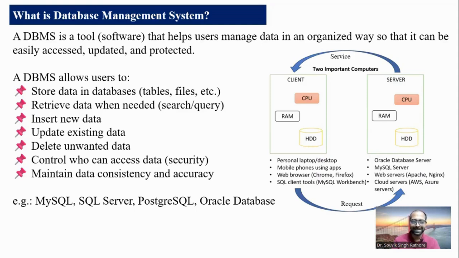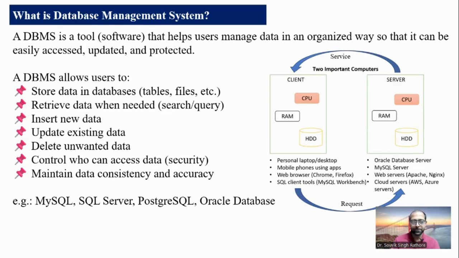The third point is inserting new data. So every year, new students take admission. So the DBMS allows us to insert the new record quickly without disturbing existing data. The fourth point is updating existing data. So suppose a student changes their phone number.